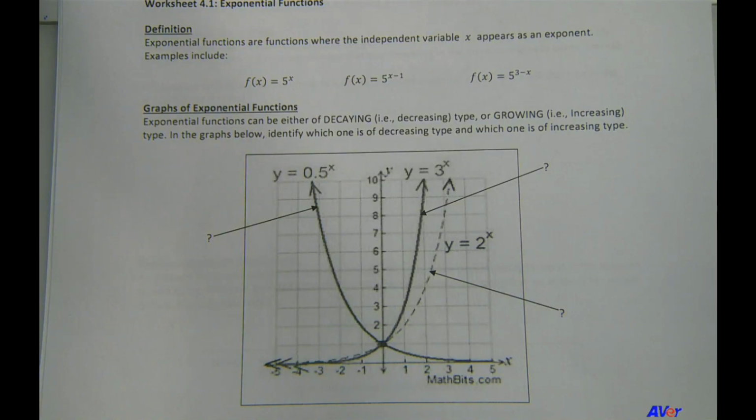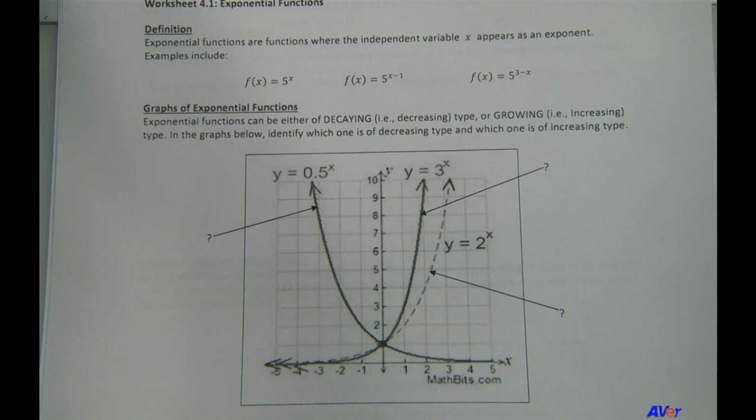As a matter of fact, even in public discourse, when something is going to increase rapidly, people say, oh, that's going to grow or increase exponentially. That's what they mean.